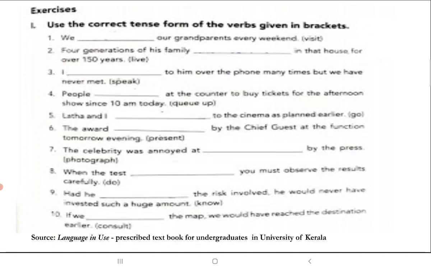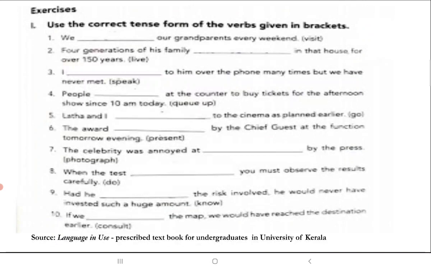Four generations of his family dash in that house for over 150 years. Live. It shows a past action, and also a complete action, so a kind of perfect tense. So four generations of his family have lived in that house for over 150 years. Have lived, H-A-V-E.